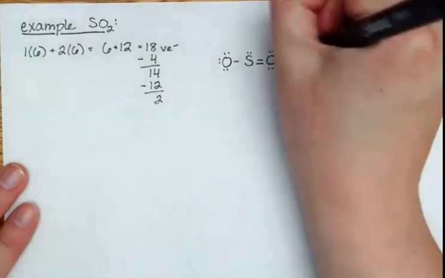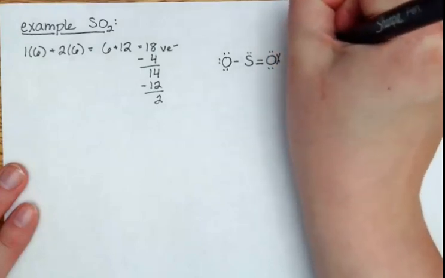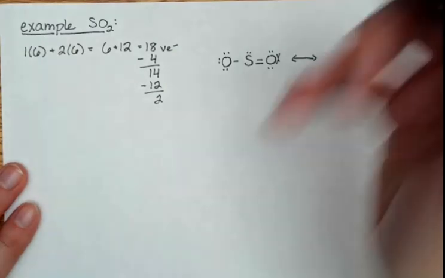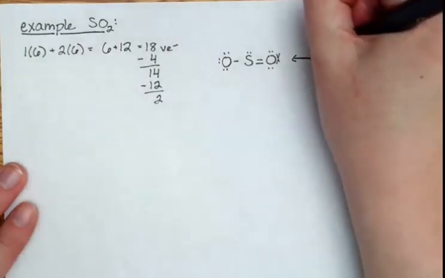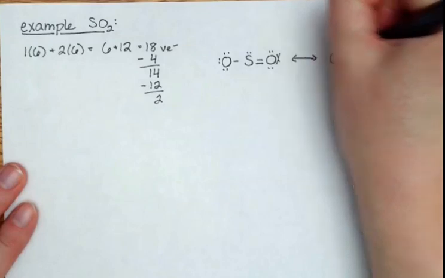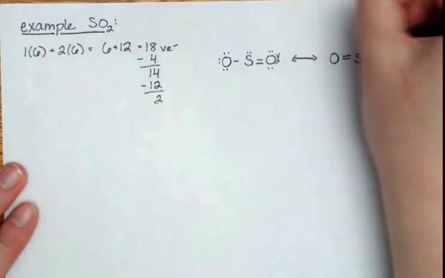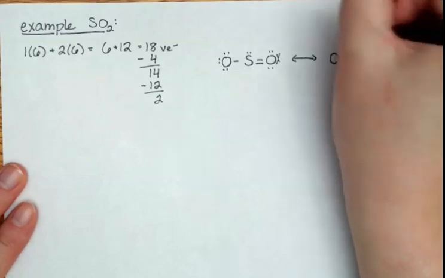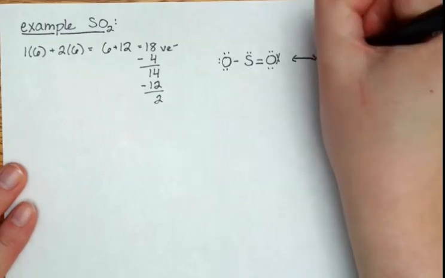To display this to our audience, we need to use a double-headed arrow, meaning that we're going to see both of these structures. There's actually some ability of electrons to move back and forth, so both of these are fair. If I draw out the other option, it's going to look basically the same. I'm just moving where I have that double bond.